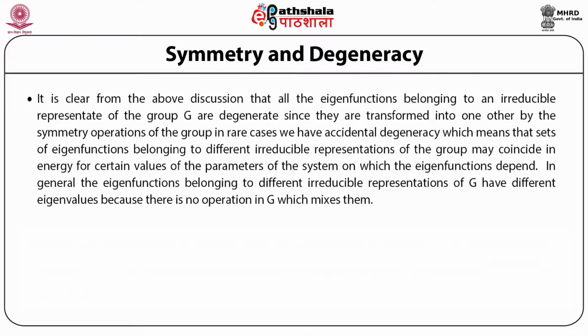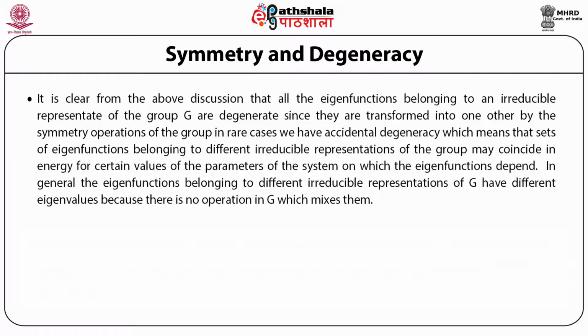So it is clear from the above discussion that all the eigenfunctions belonging to an irreducible representation of the group G are degenerate, since they are transformed into one another by the symmetry operators of the group.